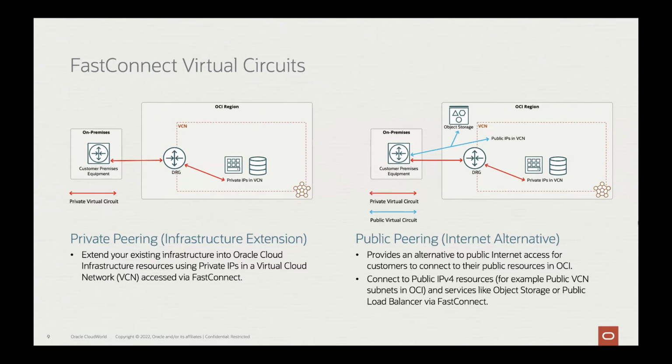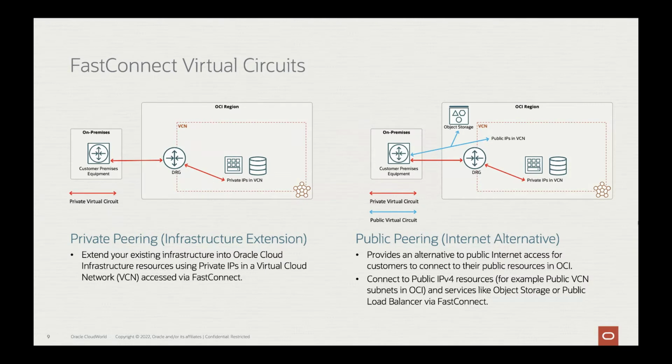Let's say you have a public PaaS or SaaS endpoint you're communicating with in OCI. This can be object storage, maybe a SaaS like Fusion Apps or Oracle Analytics Cloud. All those are generally accessed via URL that resolves to a public IP that's reachable over the internet. Those same IPs can also be reached over a public peering virtual circuit.